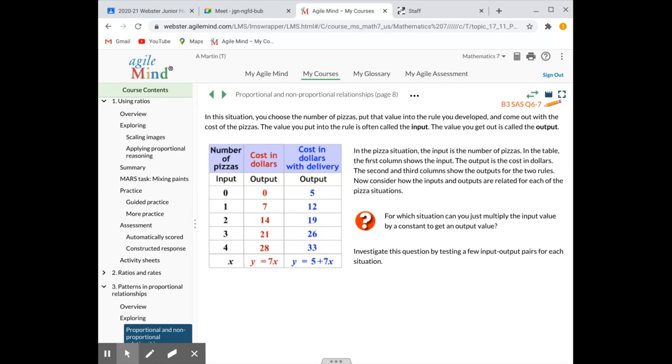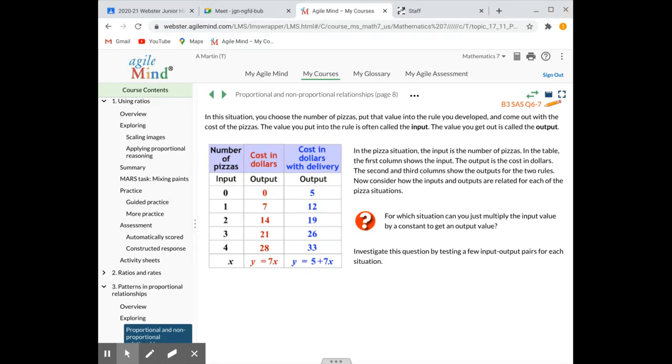The value you put into the rule is often called the input. The value you get is called the output. In the pizza situation, the input is the number of pizzas in the first column of the table. The output is the cost in dollars. The second and third columns show the outputs for the two rules.